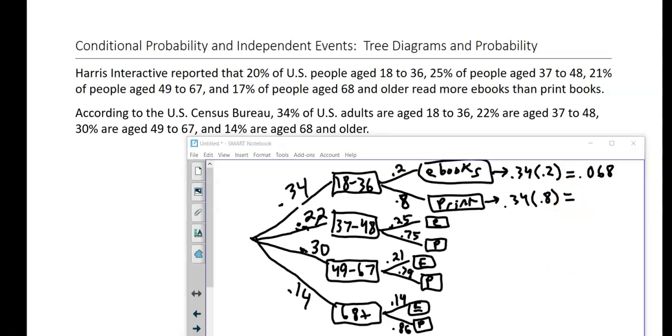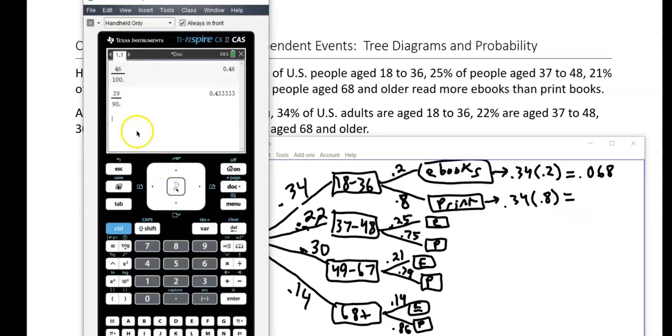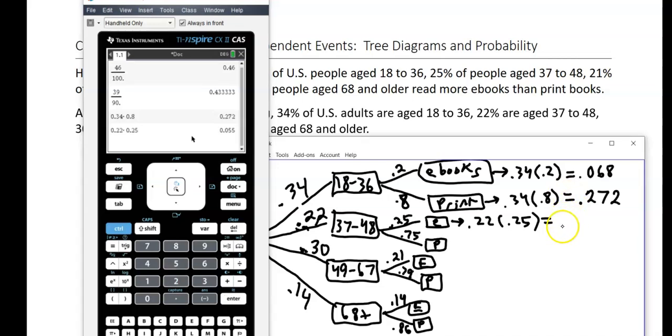You might have to get your calculator out. 0.34 times 0.8 is 0.272. And then this one would be 0.22 times 0.25, which is 0.055.